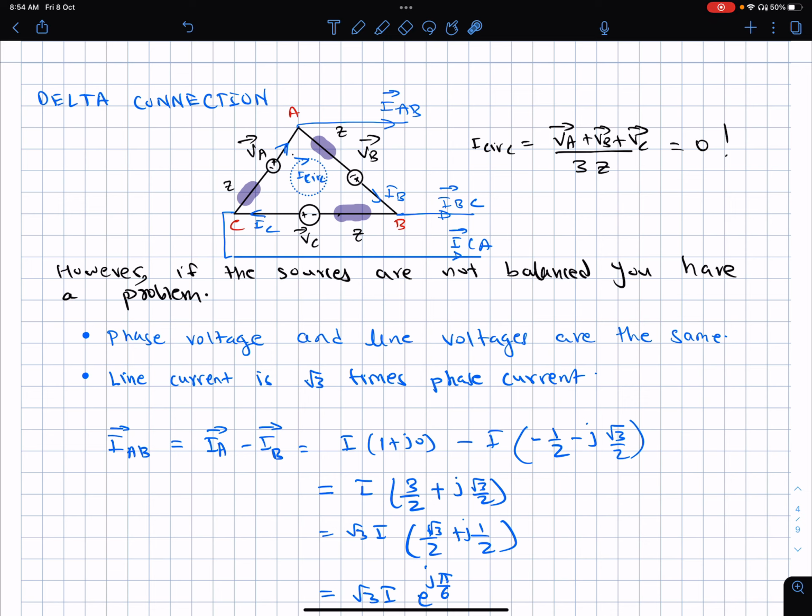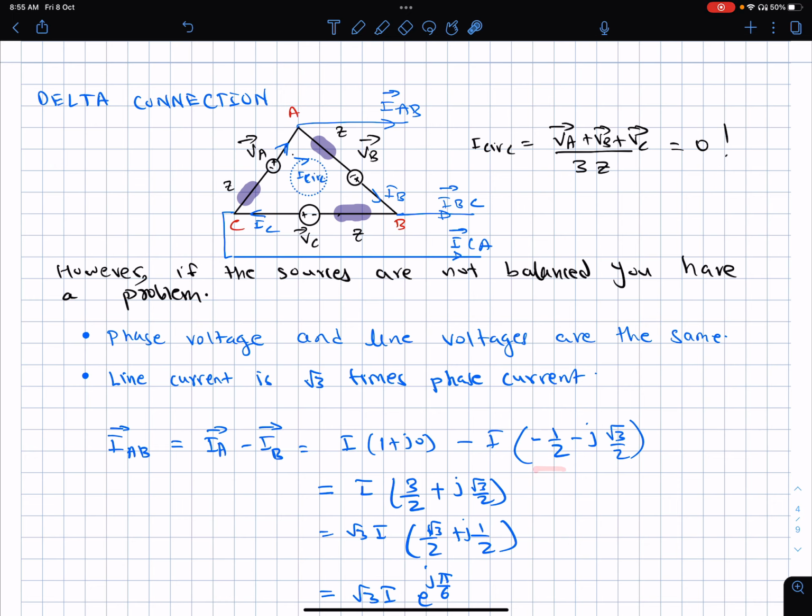So what I am going to do is write IAB as IA minus IB, and to begin with, take IA as the reference current. Afterwards you can always rotate everything by the same trick, no problem. So it can be written as I scalar into 1 plus j0 minus IB, which is lagging IA by 120 degrees. This is the phase winding current IB, which in a balanced system will be lagging by 120 degrees.